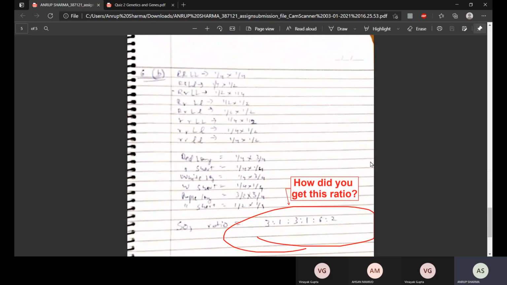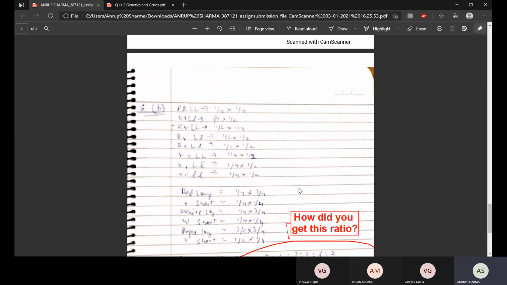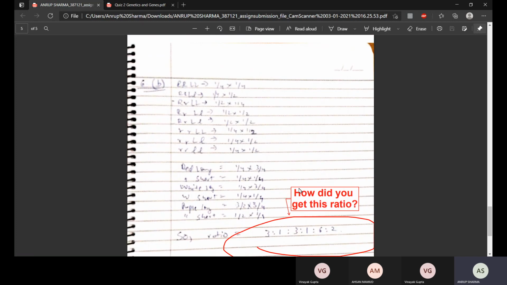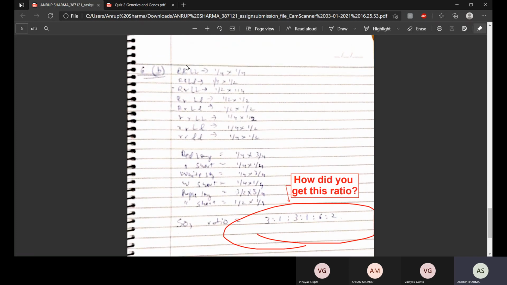Sir, I know that I have done something wrong in the addition part and also in the multiplication, but can you give me some marks for the cross that I made for the second generation, F2? My question is that I didn't understand the logic behind the crosses you are making here.